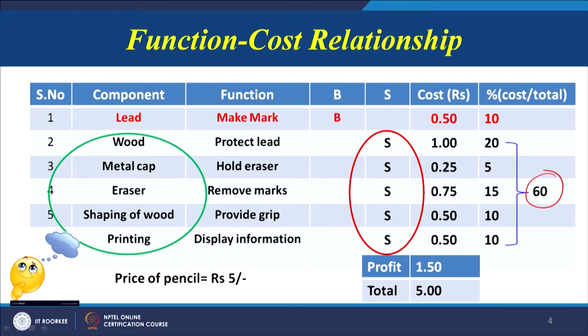Now we can try to see what we want to keep in our product and what we want to eliminate from our product. If you refer back to what we have already discussed in the functional analysis system technique, it helps us identify the areas where we can make certain improvements. If you go back and see the case study of the overhead projector, there we can see that there is a problem of heat generation.